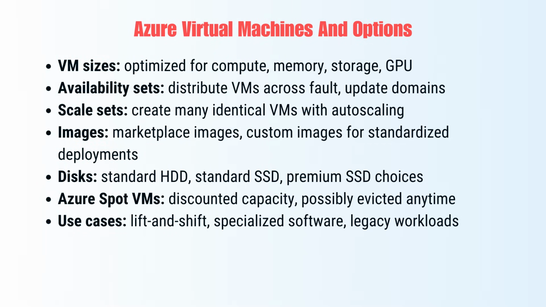These are suitable for non-critical, interruptible workloads. In short, VMs are your flexible, low-level building blocks when you need maximum control and compatibility with traditional workloads. Next, we'll see what's required around a VM, networking, storage, identity, and backups, by exploring VM dependencies and requirements.